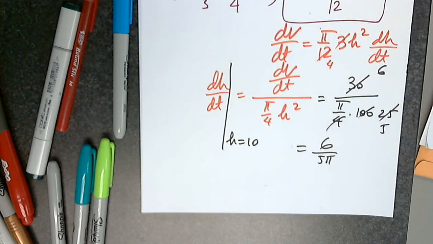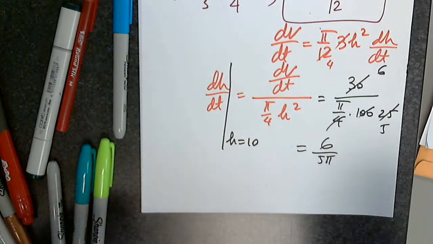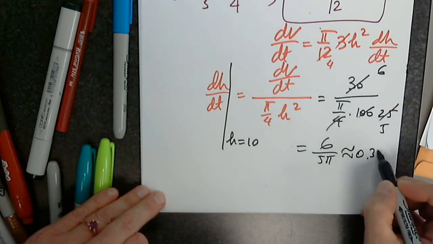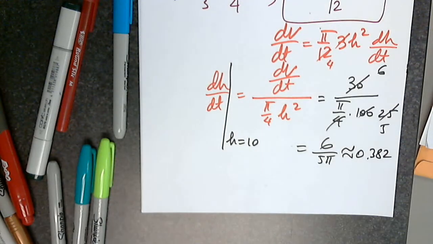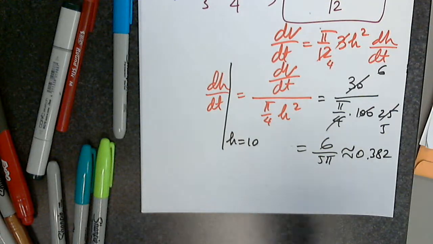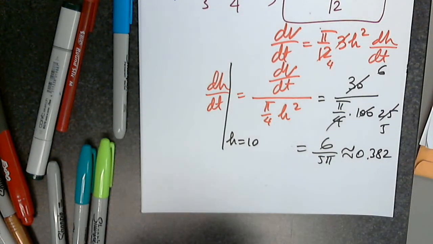So I'll put in the graphing calculator 6 divided by, in parentheses, 5 pi, close the parenthesis, and I get 0.382 approximately. What does this mean? 0.382. Measurement unit. Without measurement unit, I can't give full credit, please.